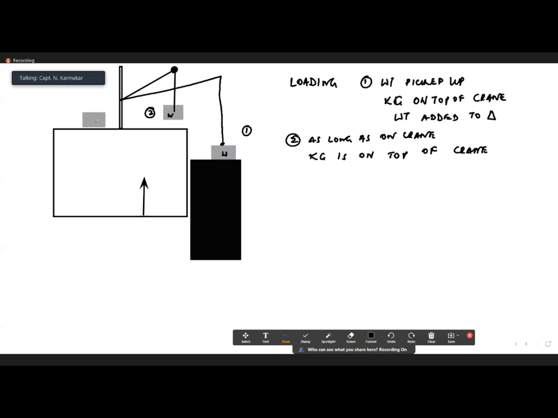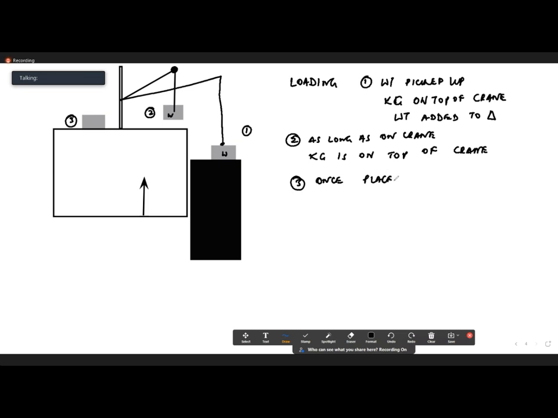Now the third situation is when I actually put the weight down on the deck. Once I put the weight down on the deck, the weight has shifted from the crane to where I'm going to put it. Maybe on the deck, maybe in the tween deck, maybe in the hold.